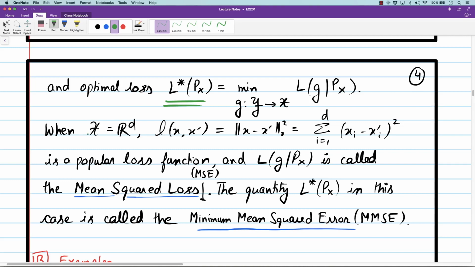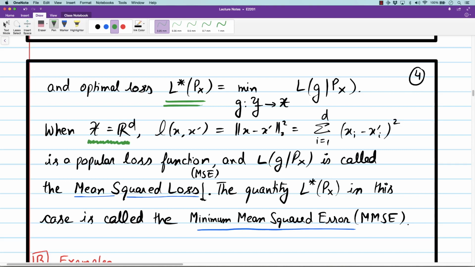A popular loss function for d-dimensional vectors, when x is in R^d, is the Euclidean loss function, which is just the Euclidean distance squared. It's called the mean square loss. It is the summation over i equals 1 to d of (xi minus x prime i) whole squared.